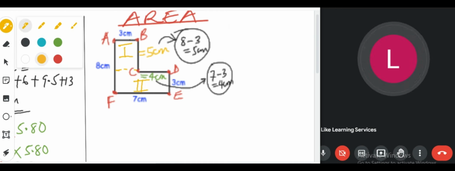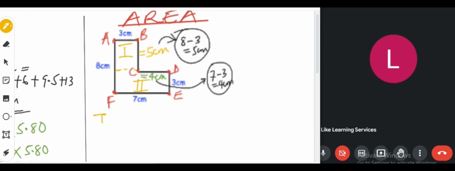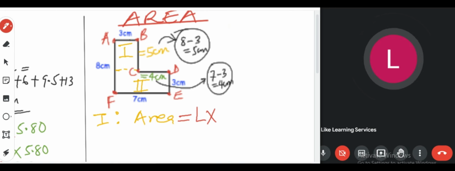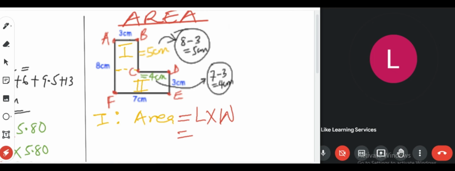So for I, area is simply length times breadth, which is equal to length times width. The length is this. You should be careful when you are choosing the length, 3. The breadth is 5, or you can say breadth is 5, length is 3.